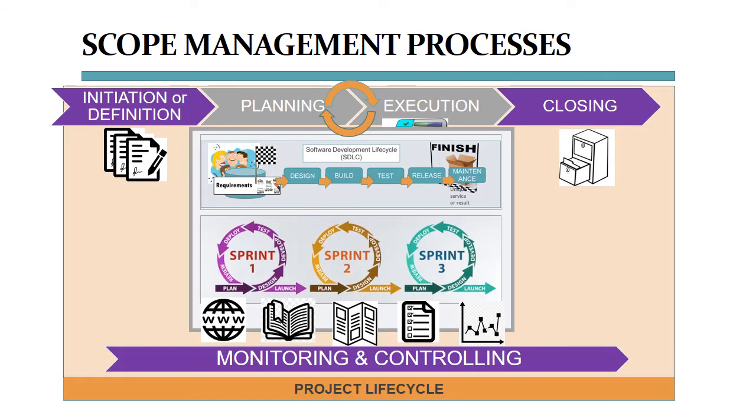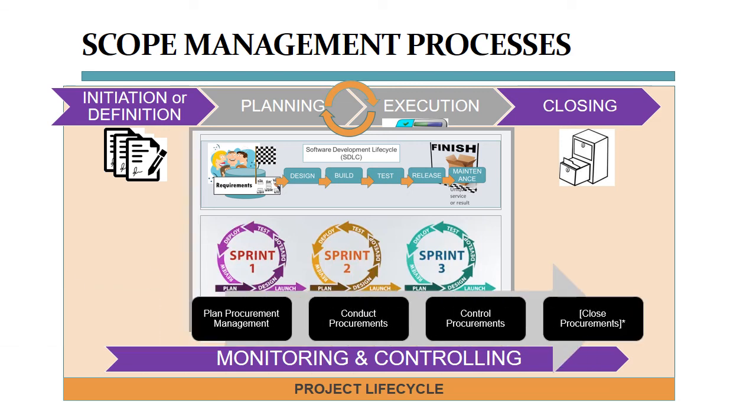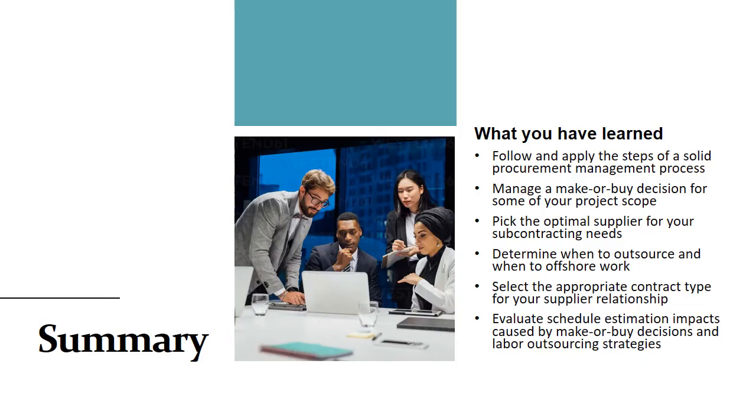At this point, you have learned the most important parts of planning and conducting procurements, which are part of the procurement management knowledge. All right, let's summarize. In this module, you have learned how to follow and apply the steps of a solid procurement management process.